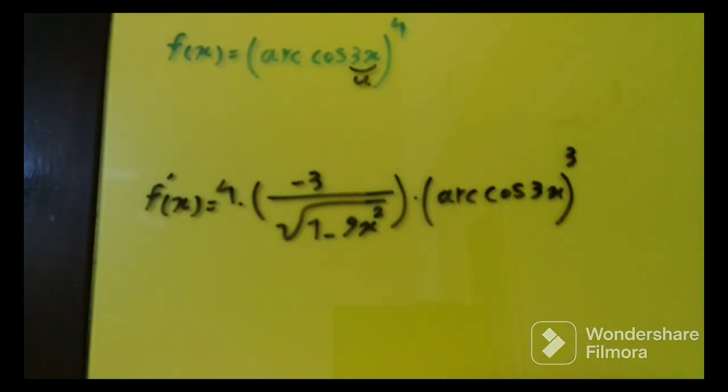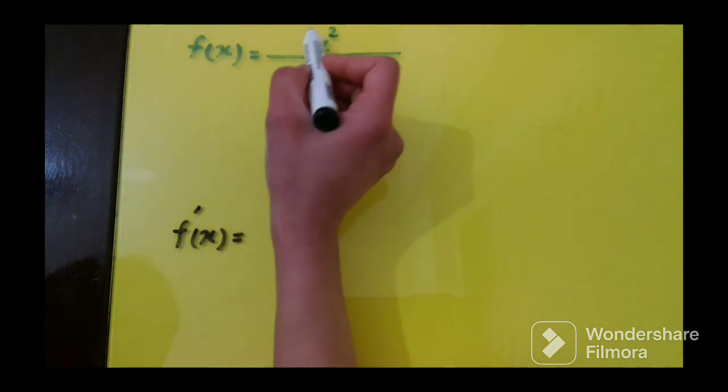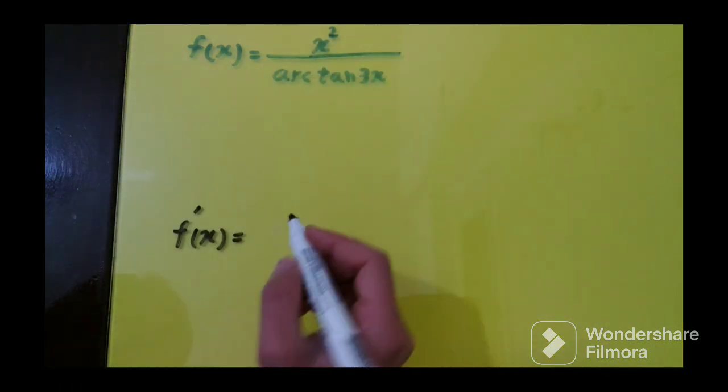Next problem. Okay guys, for getting the derivative of this function, we should use the quotient rule. I explained product rule and quotient rule in another video, which is differentiation rules part 1. So according to the quotient rule, first we should get the derivative of up.